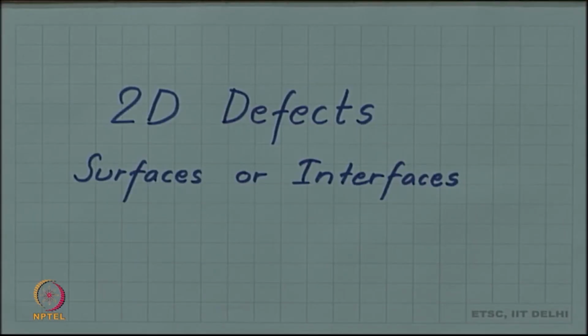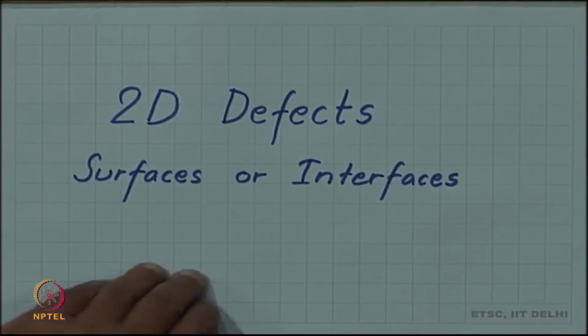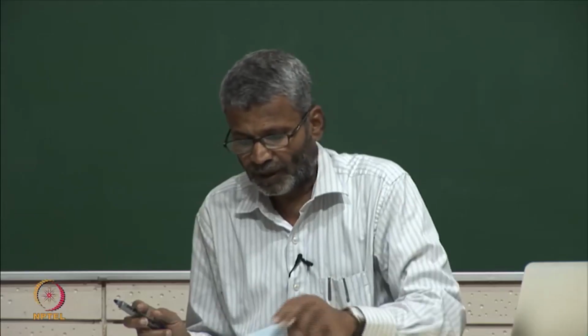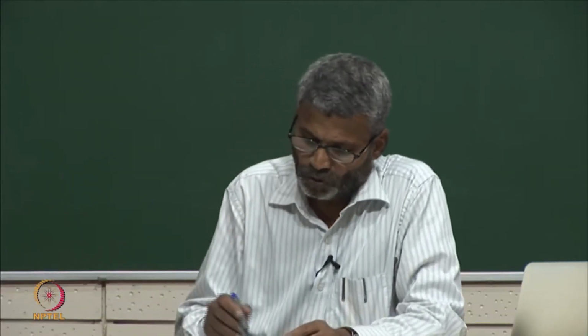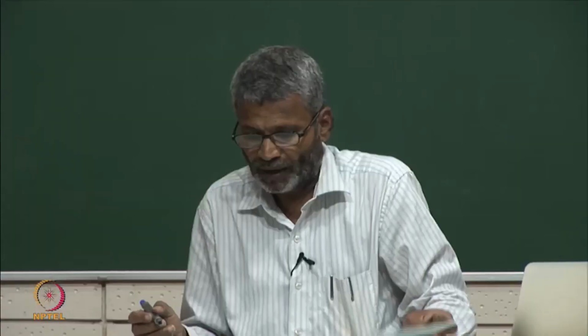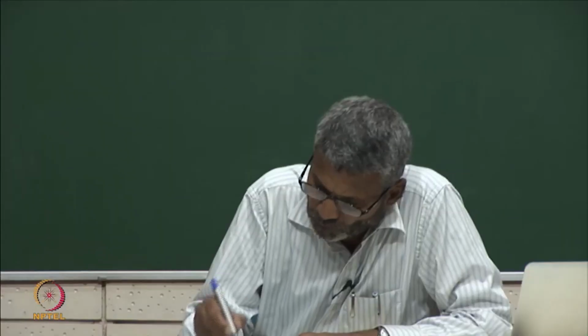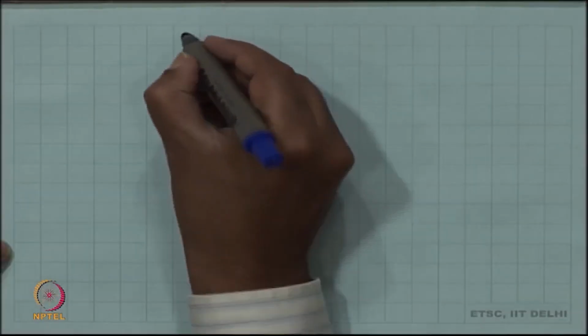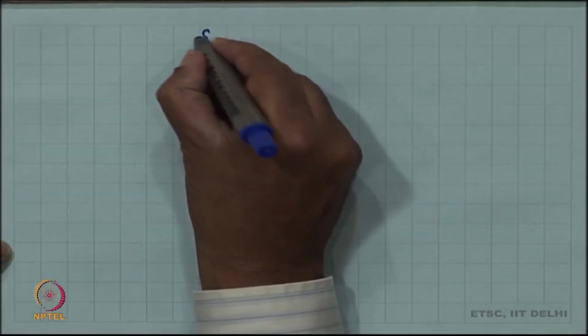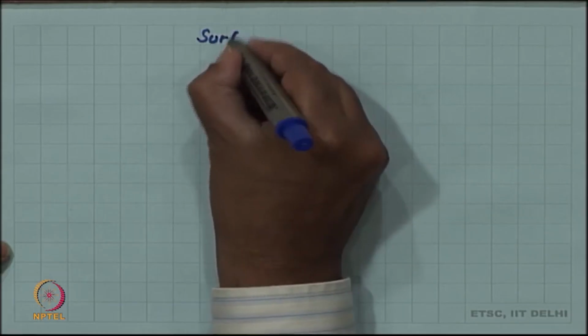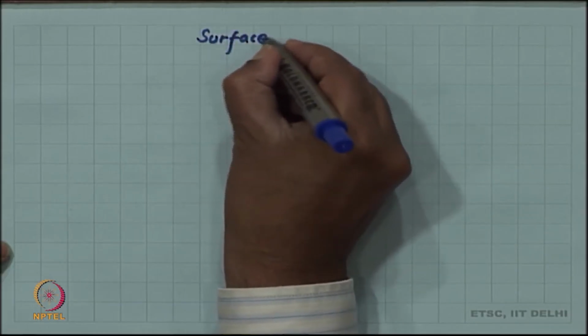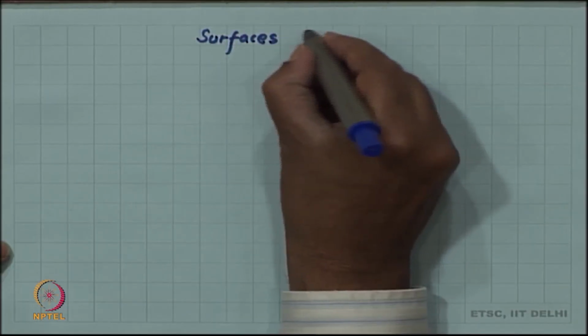These also play a very important role in determining the properties of crystalline solids, and we will spend some time on discussing surfaces and interfaces. So, let us first have a classification of surfaces and interfaces in a crystalline solid. I will give you a classification scheme.